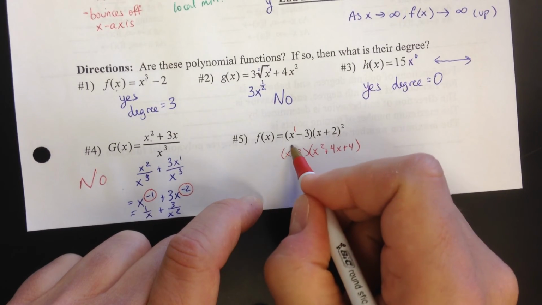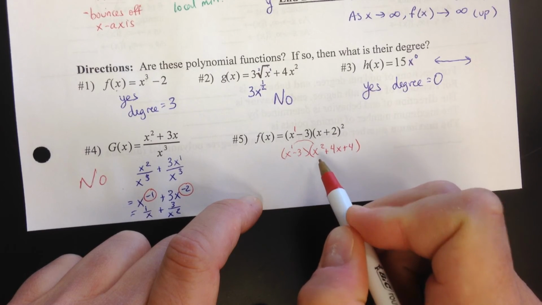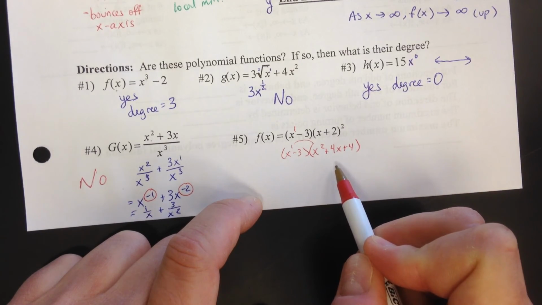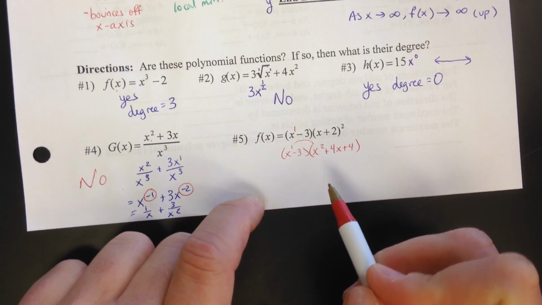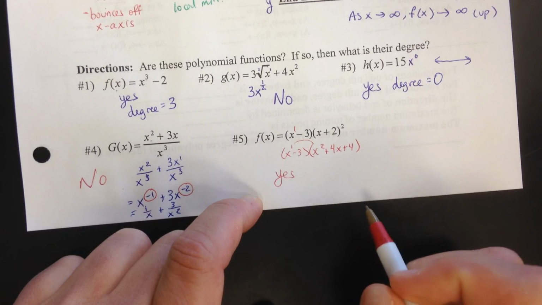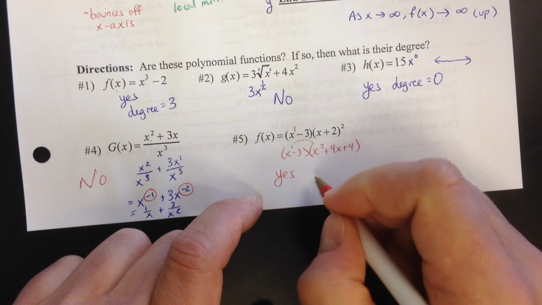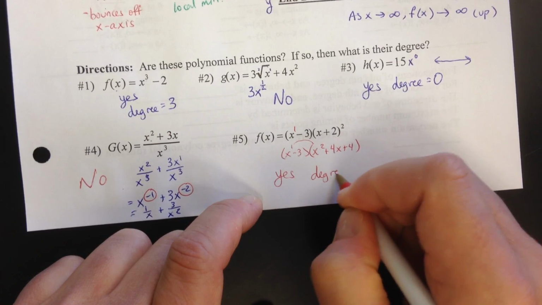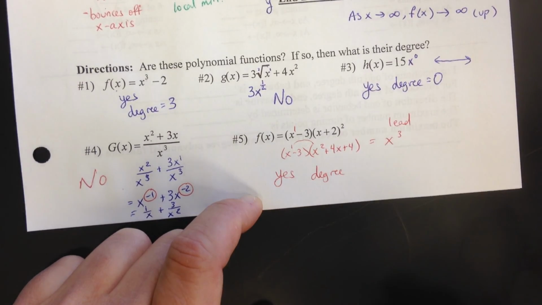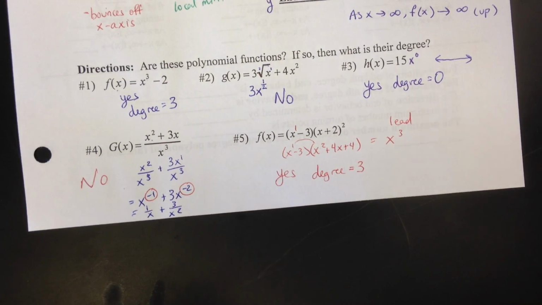And then if I multiply one more time, if I distribute again, this would end up being x to the third. We're going to have a bunch of terms here, but all the terms will fit the definition of a polynomial function. It's going to be yes. The highest degree would be when I do x to the first times x to the second. It'll give me an x to the third for my lead term, and so the degree would be 3. And that's the end of part 1.